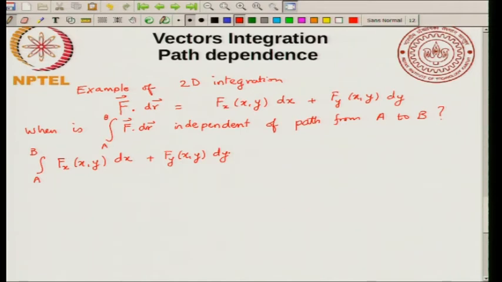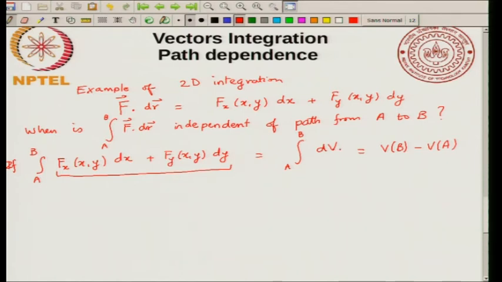Now, suppose I could write this whole piece as dV, from A to B. Then the integral of dV is just V of B minus V of A, it is independent of path. So, if you could write your integral in this form, then it will be path independent.